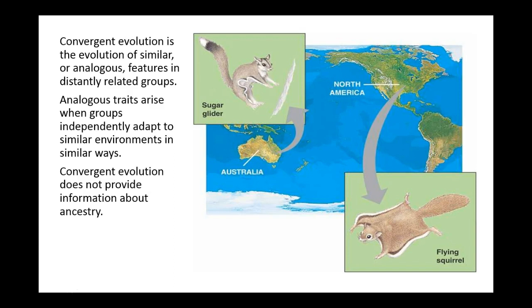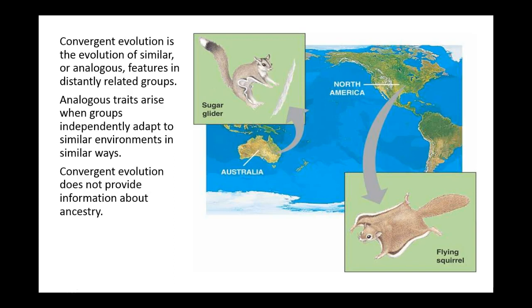A sugar glider can jump from tree to tree, but not that far. With convergent evolution, there are similar features, but they evolved in different geographical areas.